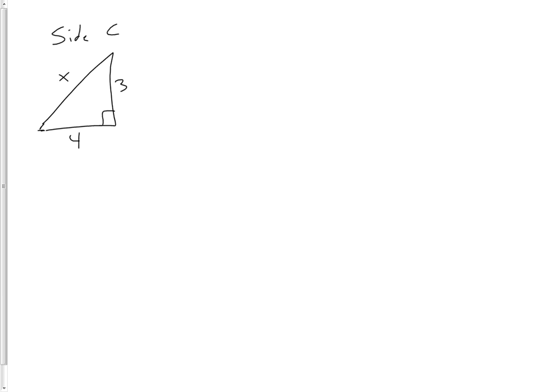I know I'm looking for an unknown side, and I've got a right angle triangle, so that means that I can use Pythagorean theorem. So I've got a squared plus b squared is equal to c squared. I'm going to call this side A, this side B, and this side C, because again, my C side is across from the right angle, therefore it's the longest side.